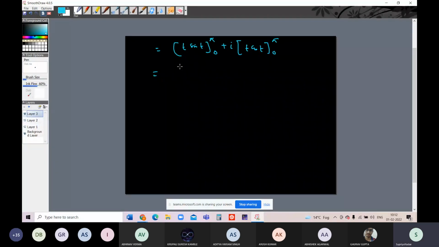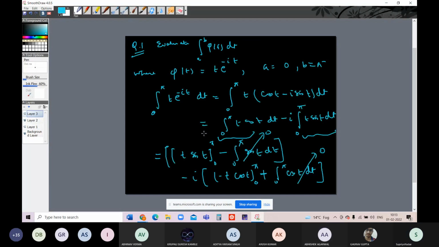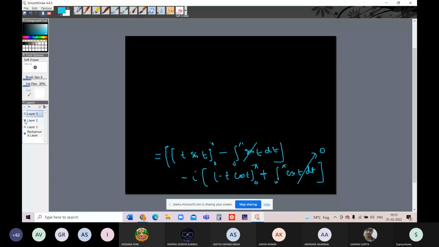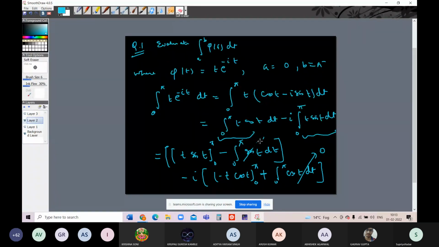One second. Sin t will be plus cos t. One second. This will be not 0, because it will be the cos t from 0 to pi, it will be not 0. This term will be 0 because it will be the sin t, plus cos t.